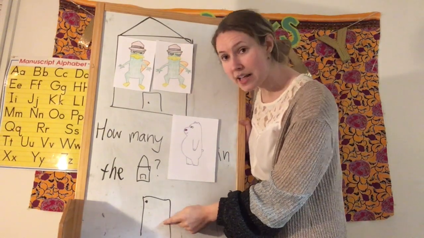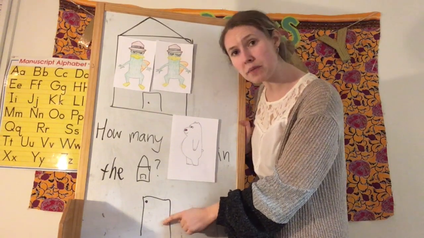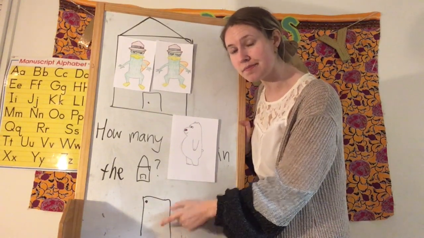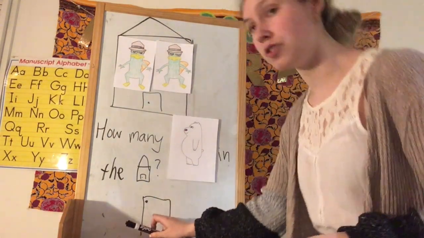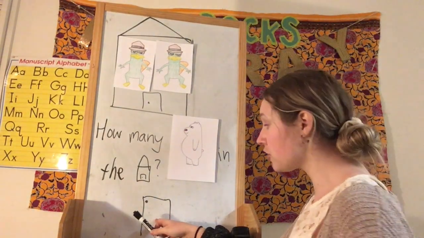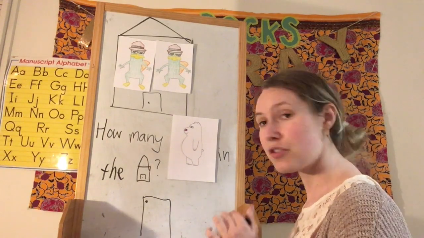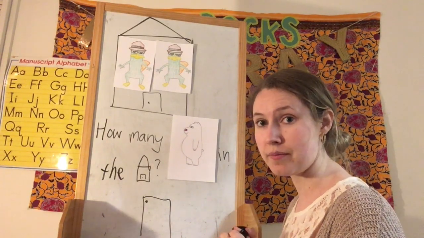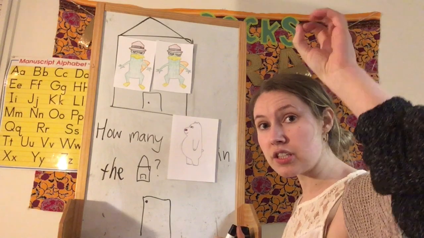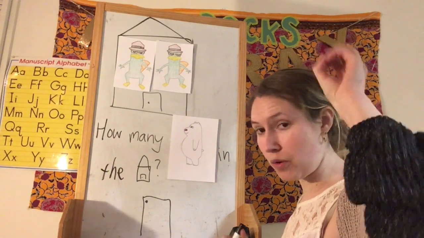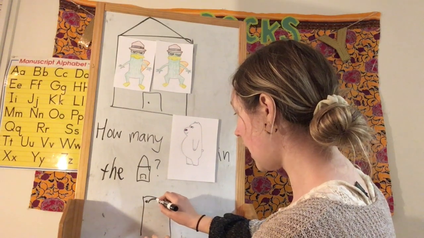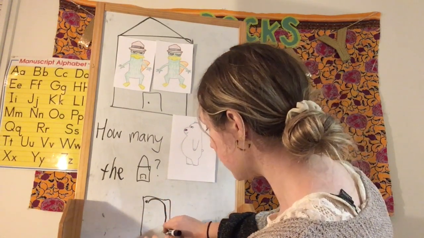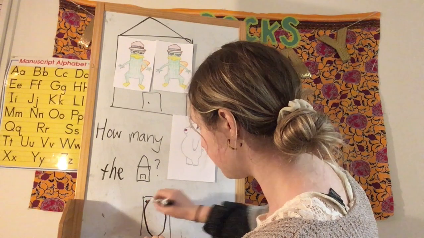Now, here's my answer box down here. I need to write my answer in this box. Now to do that, I'm going to look at this dot here, and that's where I'm going to start writing my number. So remember, I'm writing the number 0. And a 0 just looks like a big oval or an O. So I'm going to start at the dot, and I'm going to fill up my whole box with my 0.